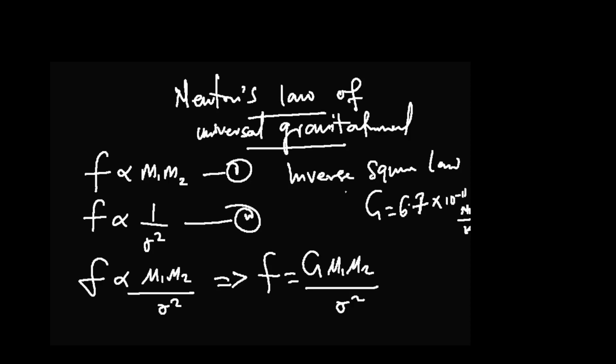But in physics, there are two laws that we refer to as inverse square law. Are we together now? What are these two laws? The universal gravitational law and Coulomb's law.